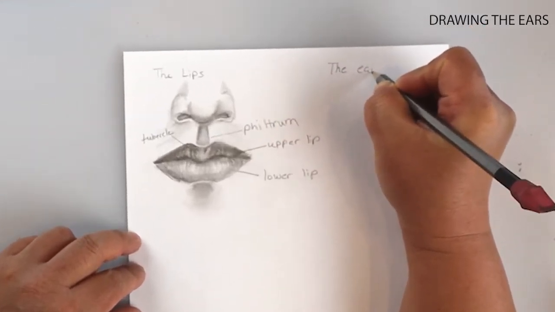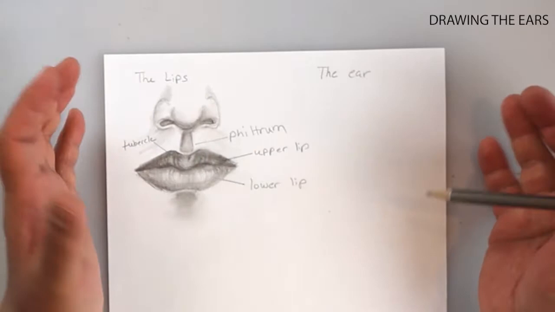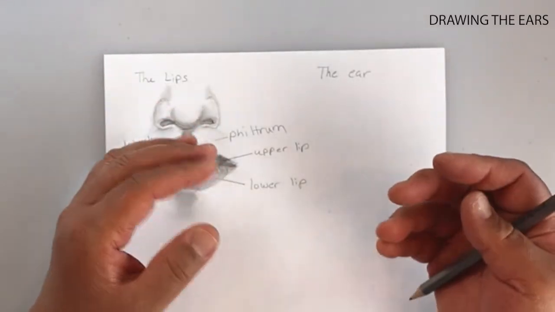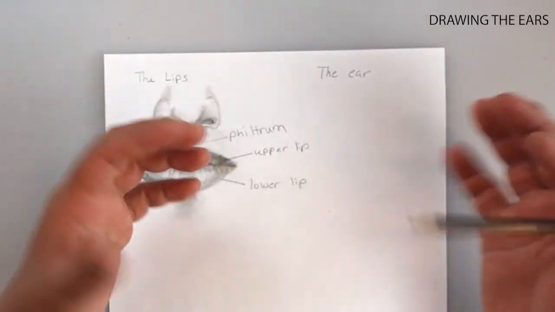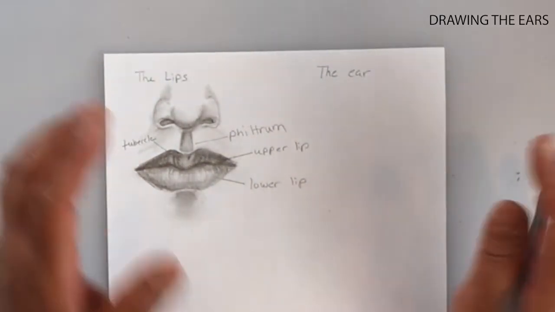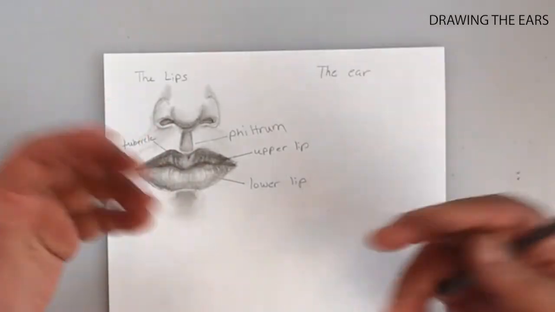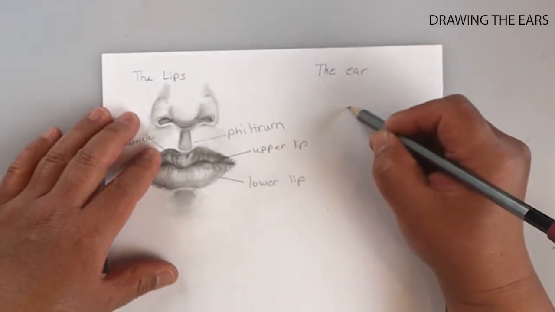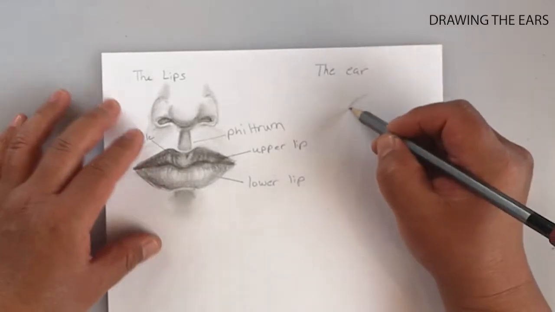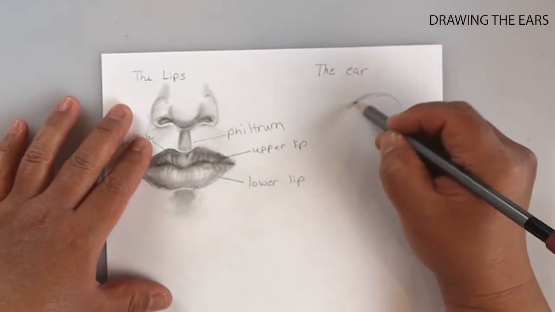The ear. We're going to draw the ear from a side view, because the full structure of the ear can only be viewed from the side of a person's head. I'm going to describe the three main shapes or components of the ear.